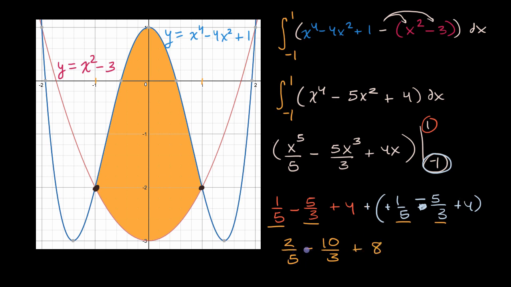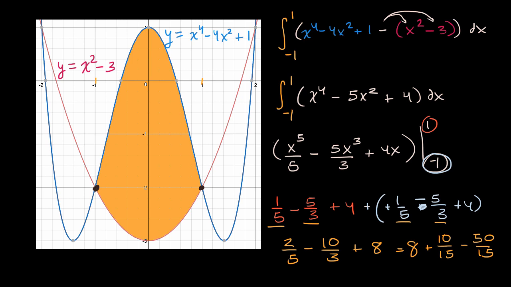And so now we just have to deal a little bit with fractions here. So let's see, this is going to be equal to, I'll just write the 8 again, 8. And then we're going to have, common denominator, 2/5 is the same thing as 10/15. So plus 10 over 15 minus, if we multiply the denominator here by 5 to get to 15, the numerator is going to be 50/15.